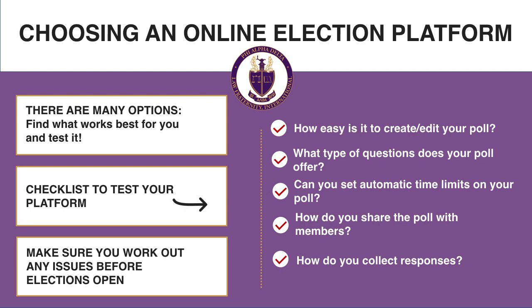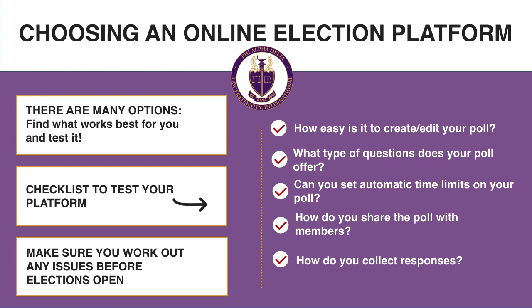Once you've picked your platform, I recommend setting up a test survey for you and your officers to play around with the system. This can be an easy one or two question survey. During your test survey, you should look for: how easy is it to create and edit your poll? Will it be difficult for you or another officer to enter all the information about the candidates?